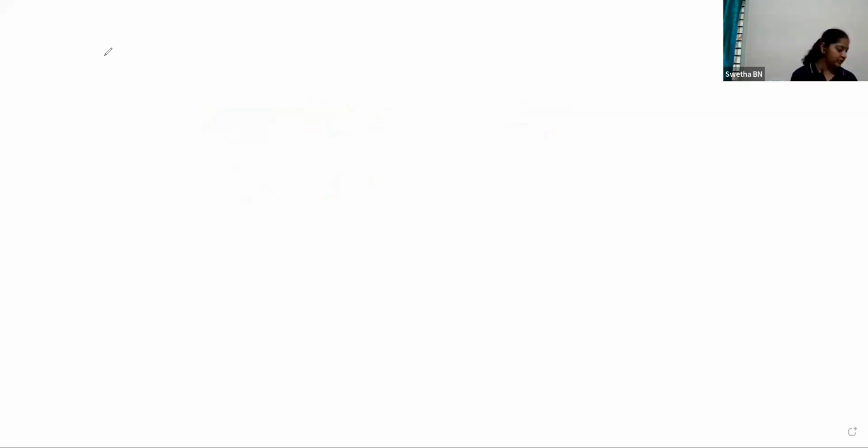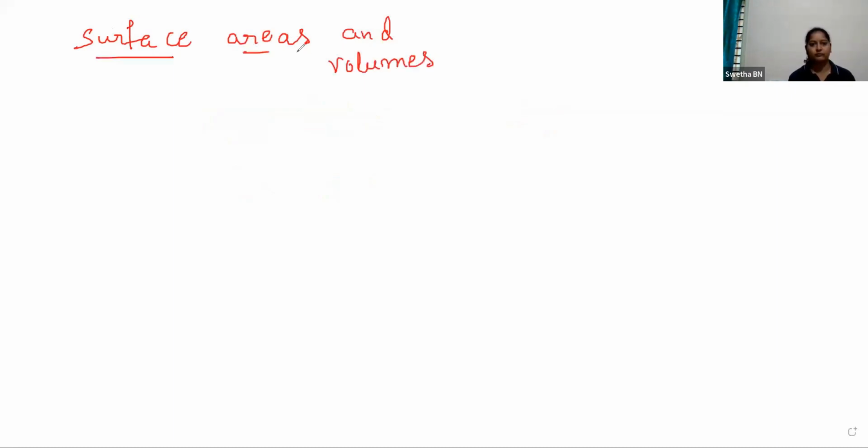Okay, that is about circles. Let us go to surface areas and volumes. So in surface area, which solid shapes have you studied? Cube and cuboid.